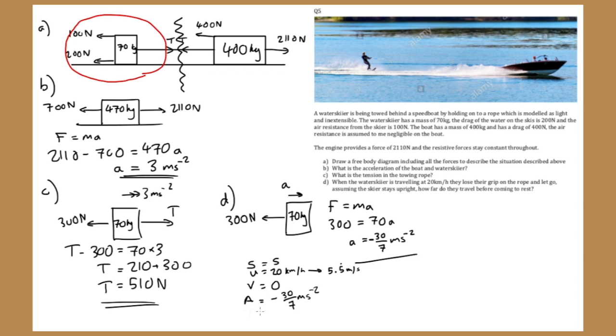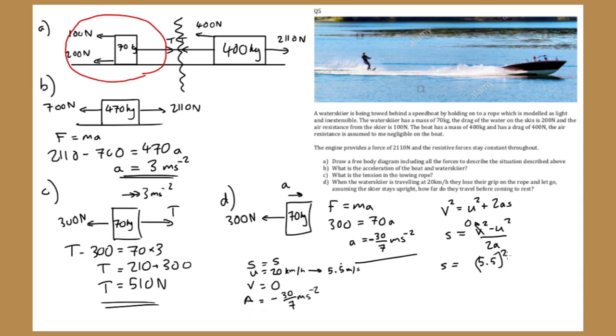Looking at what we've got here, S, U, V, and A, I would use one that we use a lot, which is V squared equals U squared plus 2AS, and I would rearrange this. So I'd write that S equals V squared minus U squared divided by 2A. Obviously, V is 0, so that goes. I end up with my U squared, which is 5.5 recurring.